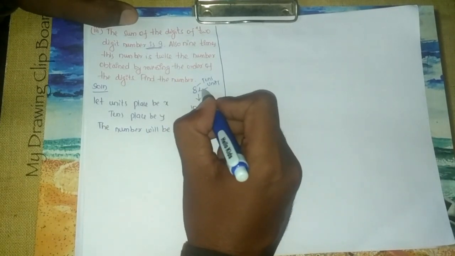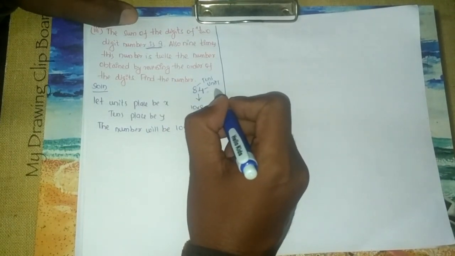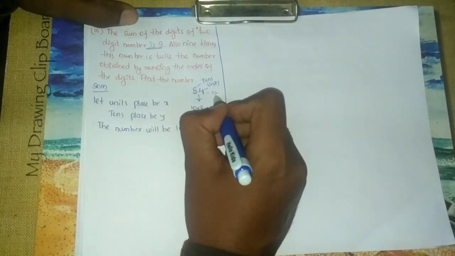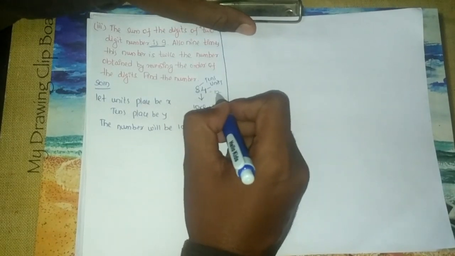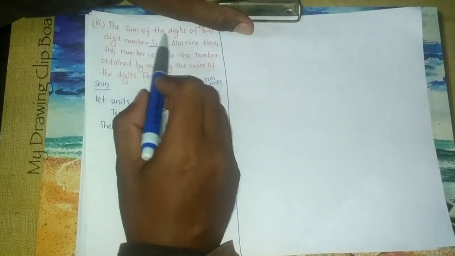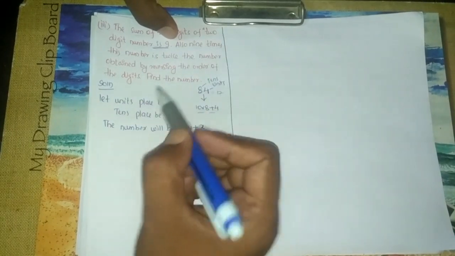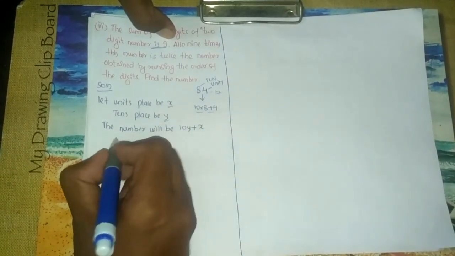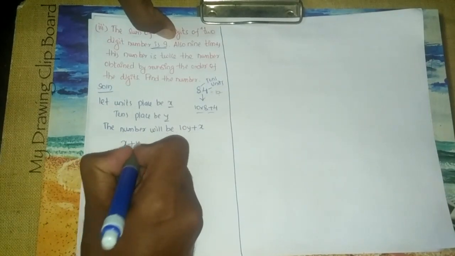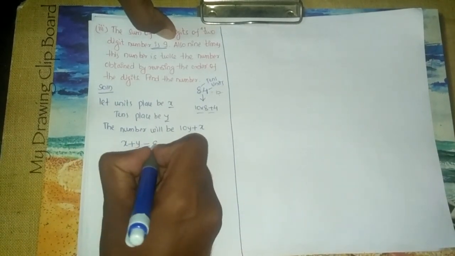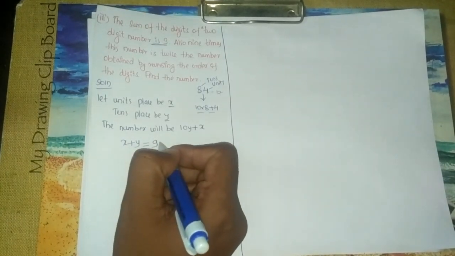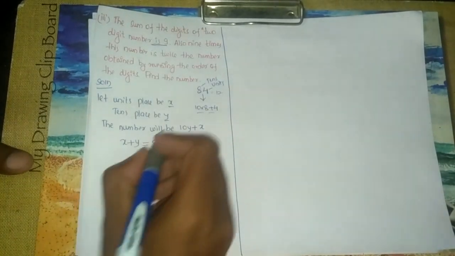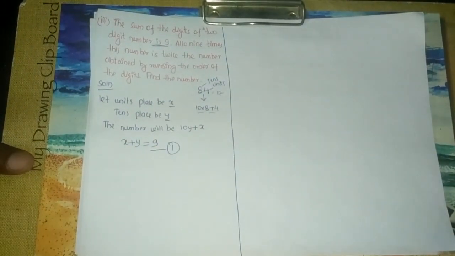The sum of these two digits will be 8 plus 4 equals 12. In the same way, the sum of the digits of our number will be equal to 9. So we have taken units place as x and tens place as y, which means x plus y is equal to 9. What is the value of x and what is the value of y, we are going to get later. This will be our equation 1.